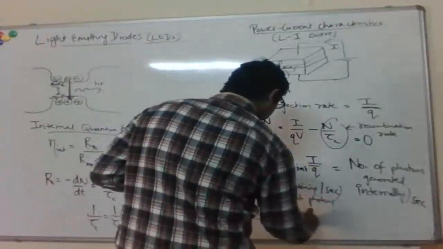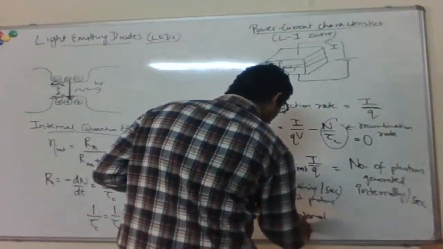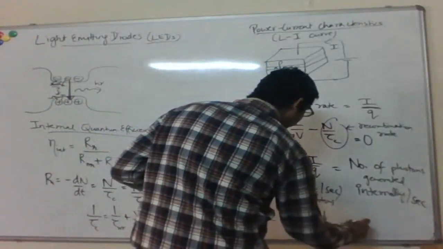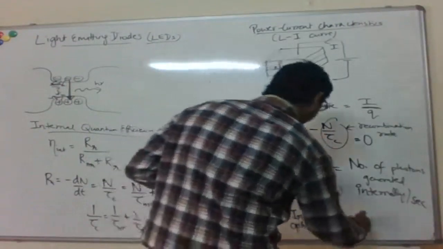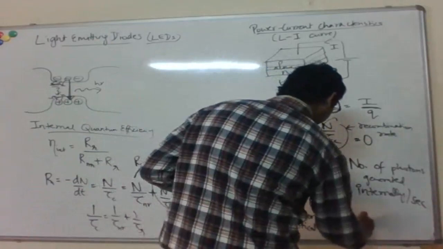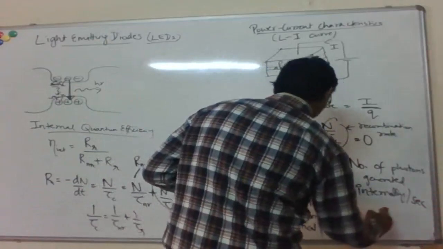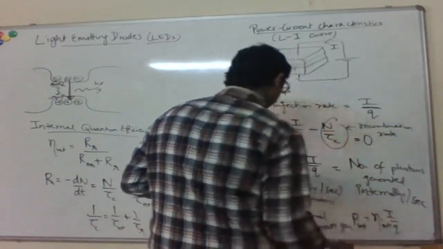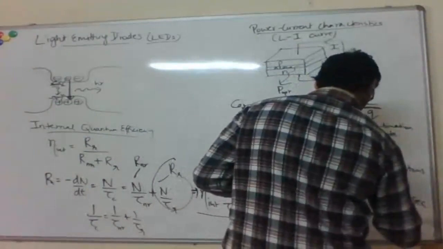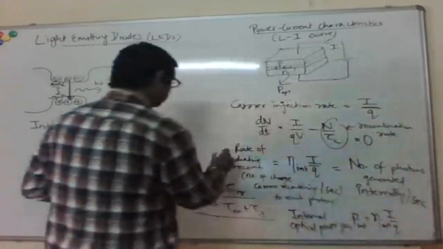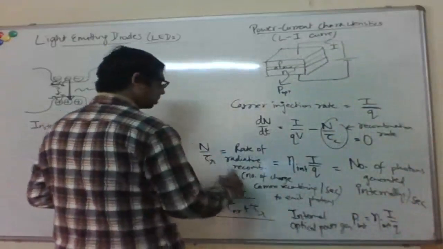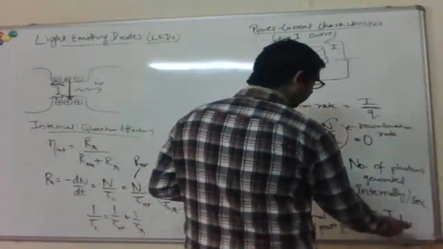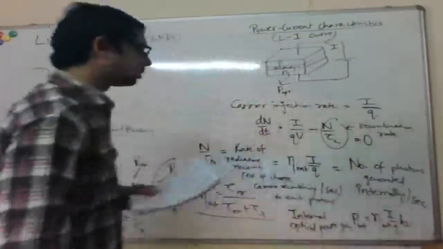So the optical power which is generated internally, P internal, is this number multiplied by h nu. So this is the internal quantum efficiency times current divided by the electronic charge times the photon energy.